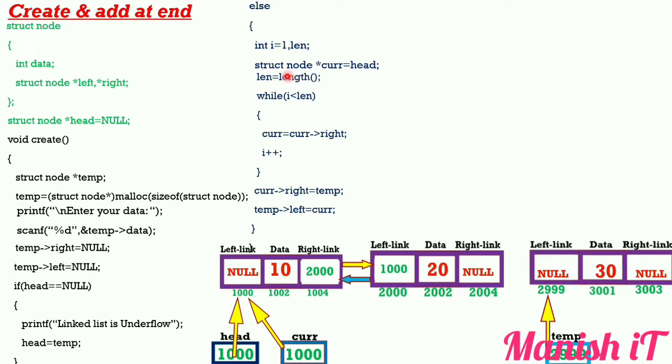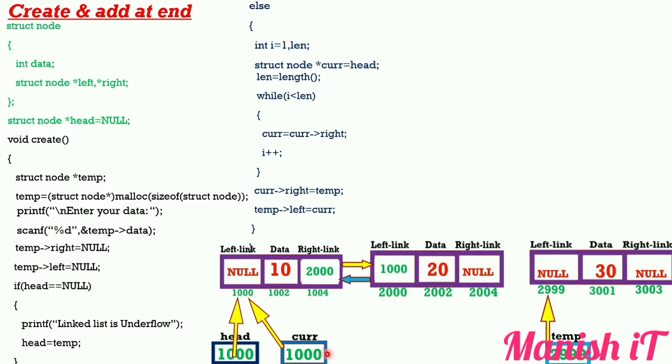After this, the while condition is: i is less than length. Length is 2, i is 1. So 1 is less than 2, the condition is satisfied, and it comes inside the while loop and executes the line current equals current to right.